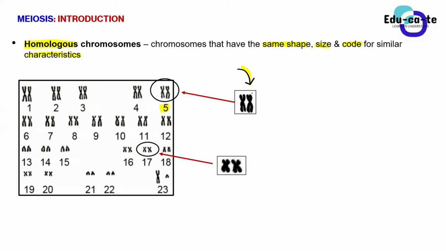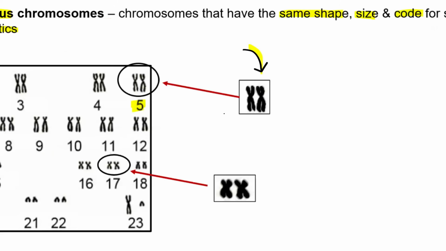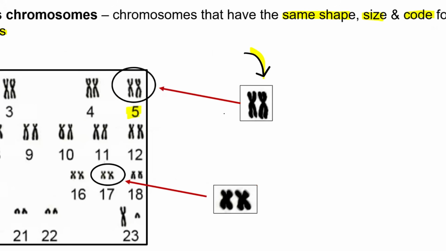Can you see that these 2 chromosomes have the same shape and the same size? Yes, these chromosomes look alike. They look similar, they have the same shape, the same size, and additionally, they also code for similar characteristics.